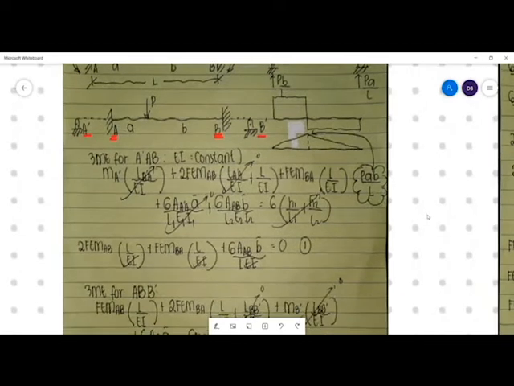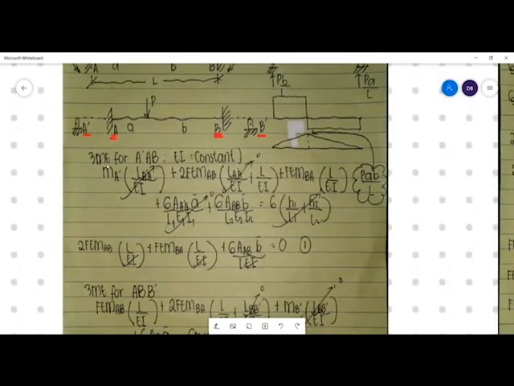So if we form the three moment equation for A prime AB, assuming that EI is constant, MA times LA prime A over EI. We don't have length for A prime and A. So plus 2 FEMAB. We designate the fixed end moment as FEMAB and FEMBA, just like the typical formulas that we use.